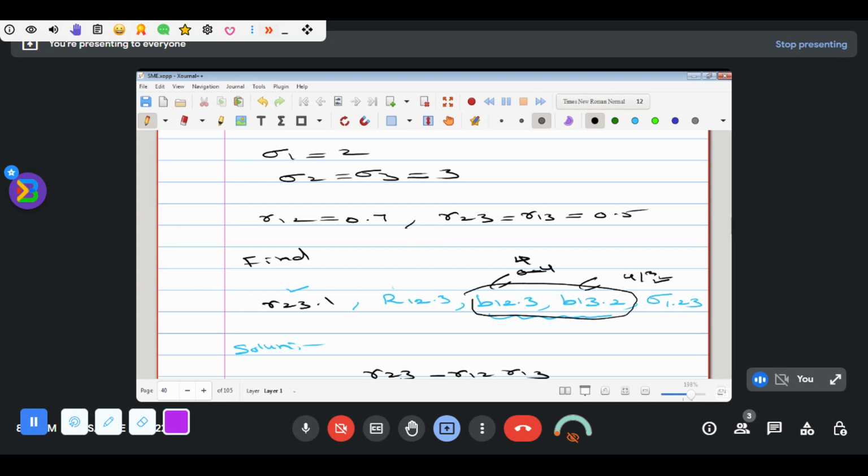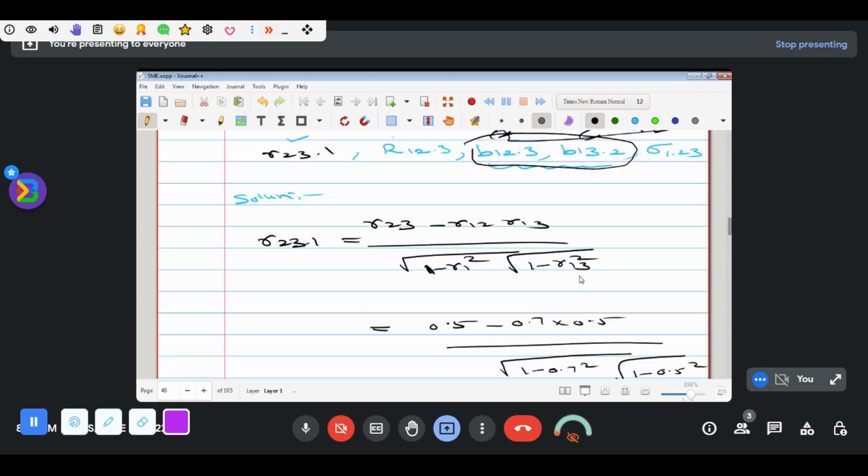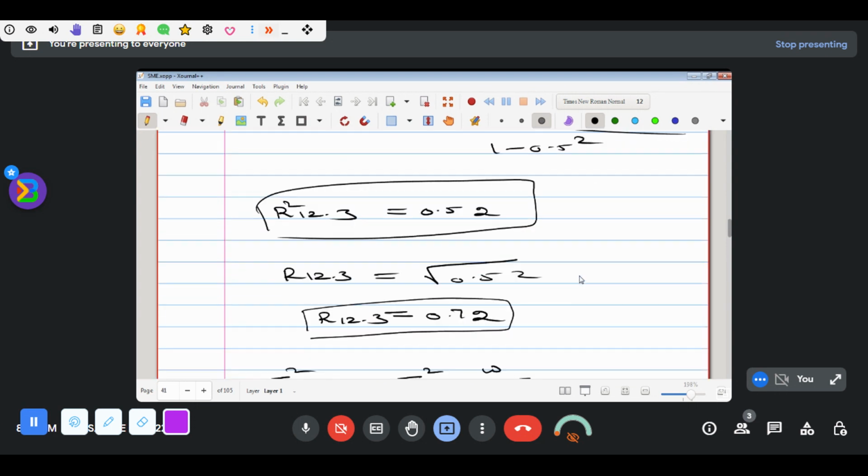This one is called 4 and this one is called 4 by 3. This is a homework part. Please complete this homework, because all the formulas up to this one are done.